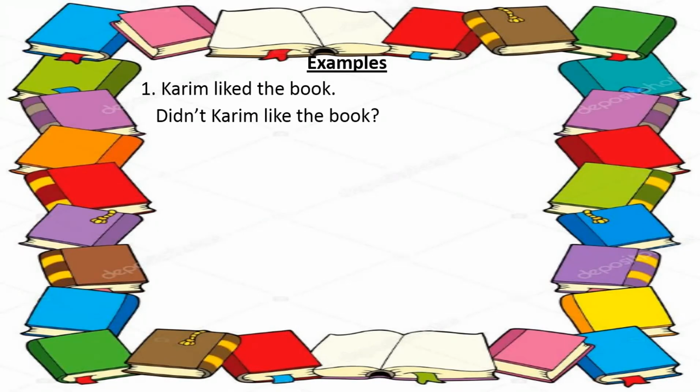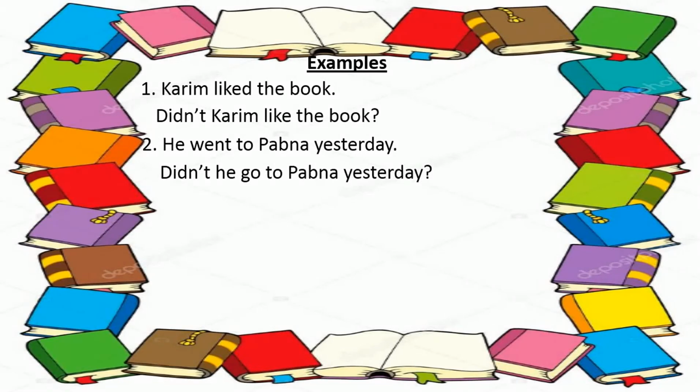Number 2: he went to Patna yesterday. Here we have found a past indefinite tense, so you have to use didn't. So, didn't he go to Patna yesterday? Go is the base form of went.